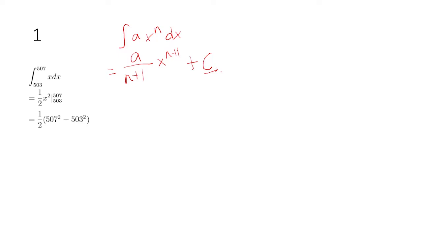Now, why would I do that? What would I be helping with? So we see that this is a difference of squares, 507 squared and 503 squared. So just remember that x squared minus y squared is equal to x plus y multiplied by x minus y.